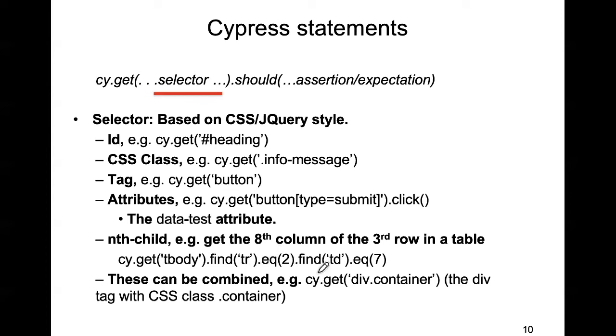And you can combine these as I'm doing here, for example. This looks like it's looking for the DOM element or elements of type div that have that CSS class. So that's selectors. So we have commands, we have selectors.